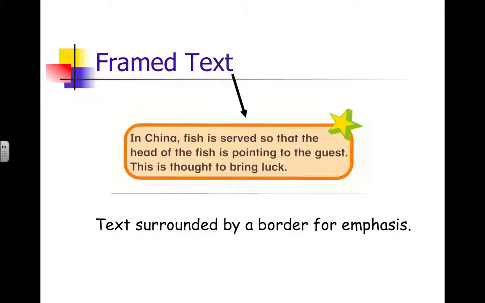A lot of times when I read a magazine, they'll use a pull quote, pulling an actual quote from the interview or whatever the article's about, and then frame it outside just to make the page more aesthetically pleasing. But frame text in picture books can be additional information, fun facts, interesting things that they may not have known about or read if they had just read the main text.